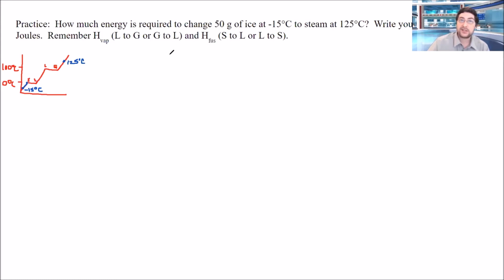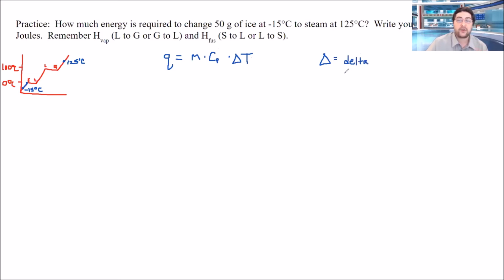So this is what's called a change in temperature. So we're going to use a change in temperature formula, which is Q equals m for mass times Cp, the specific heat at a constant pressure, times delta T. That triangle right there stands for the Greek letter delta, and that delta means change, okay?